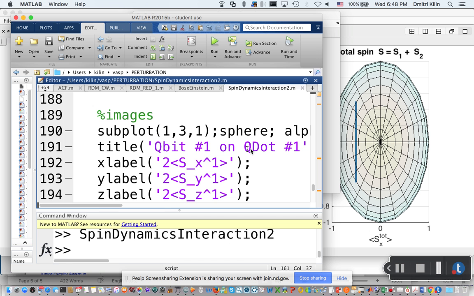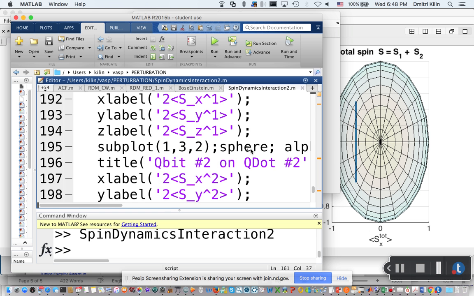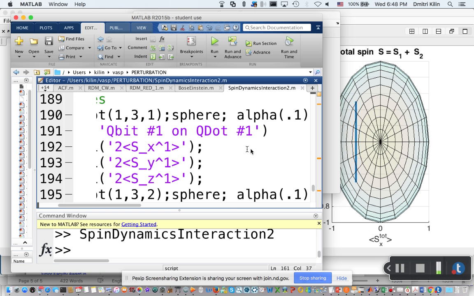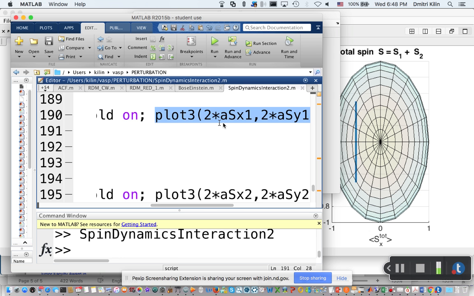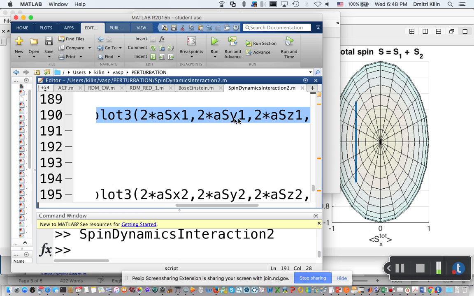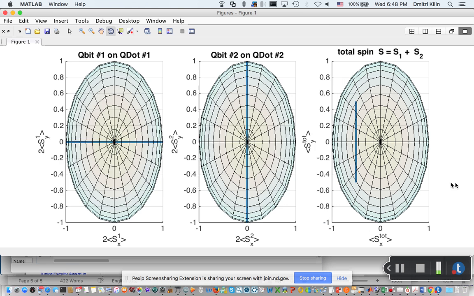But you just multiplied it by 2. Yes, I multiply the vector by 2 so that the end of the vector hits the surface. So plot 3, which means a three-dimensional plot, a parametric plot of these three components. After, please try to run and see what happens.